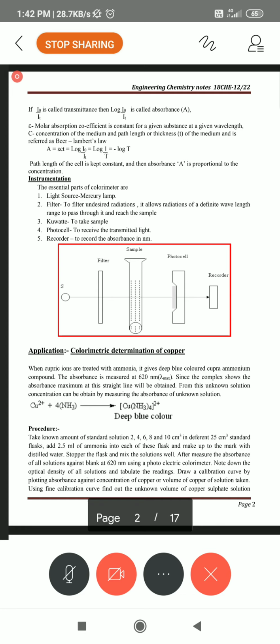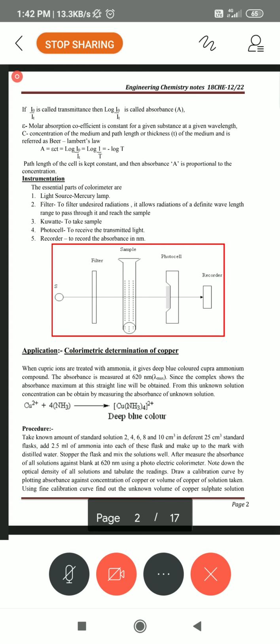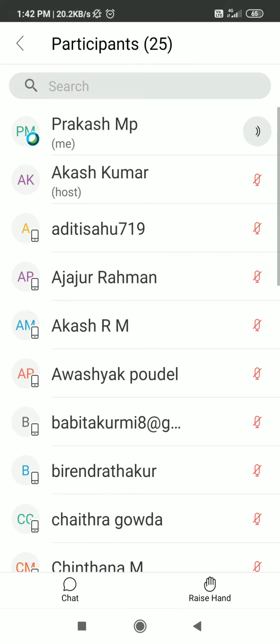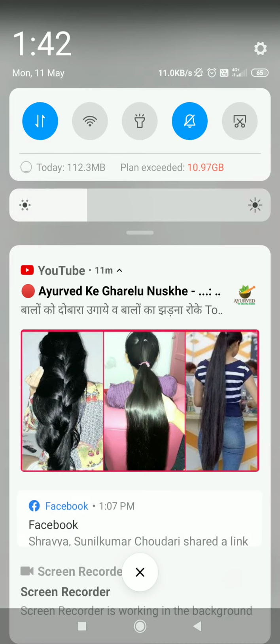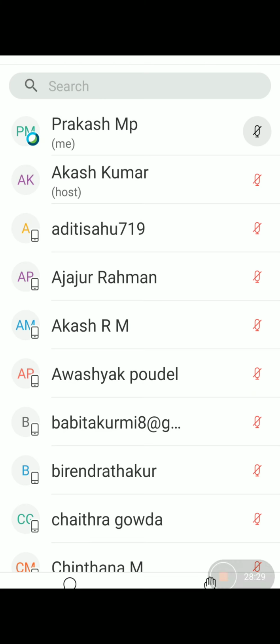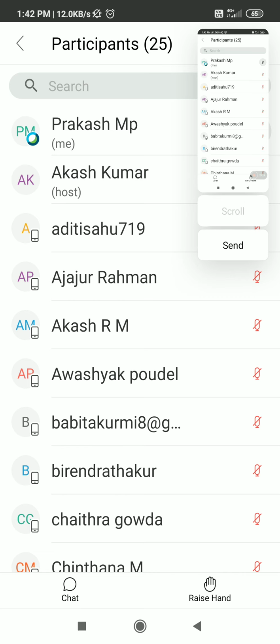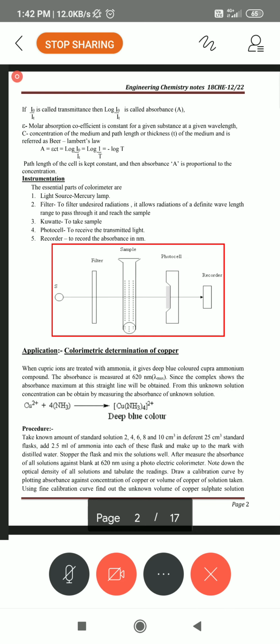So for this, the unknown solution you have already prepared, don't throw it anywhere, keep it aside. Again you will weigh 8 gram of copper sulphate with the electronic balance very accurately, and dissolve it in 1 liter of DM water.